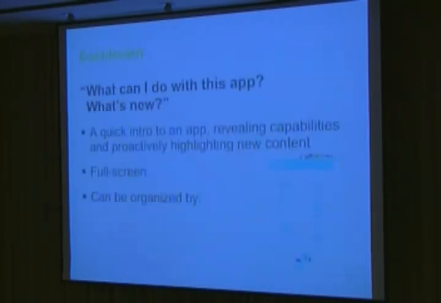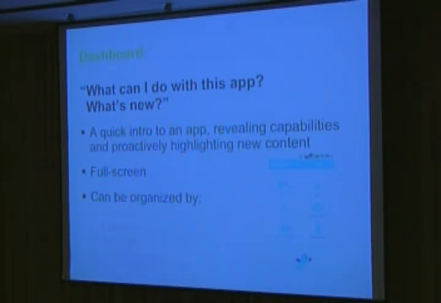The dashboard is trying to address the question of what can I do with this application and what's new in this application. It serves as a quick introduction to an application and reveals all the major capabilities, and also proactively highlights some of the new content.